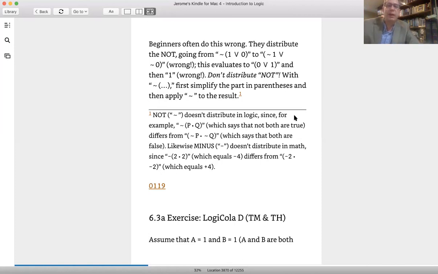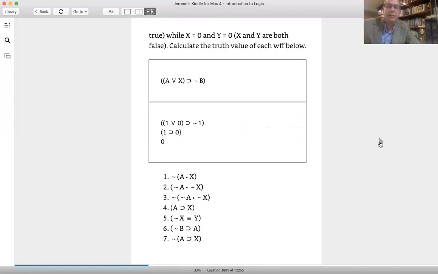Do not distribute not. Okay. So we can calculate the truth value of these more complicated statements if we keep in mind that we have to start inside and work out, and keep in mind as well that we don't distribute the squiggle.